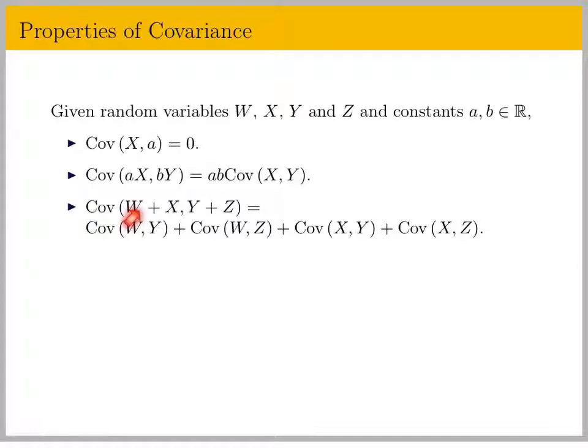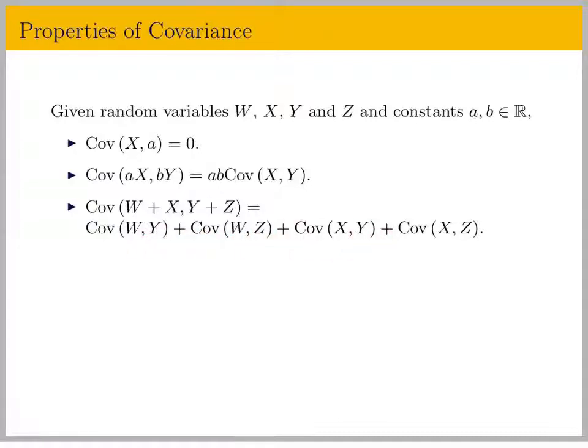The covariance of the sum of two random variables with the sum of two other random variables, well, that is just all of the pairwise covariances. This should not be shocking given what we just saw from the previous variance of a sum, how the variance of a sum ends up picking up all the cross product terms. Well, the covariance is just a generalization of the variance, and so it picks up all the cross product terms.